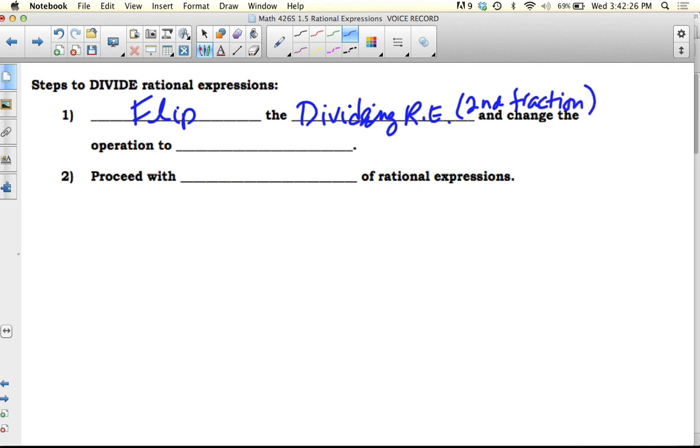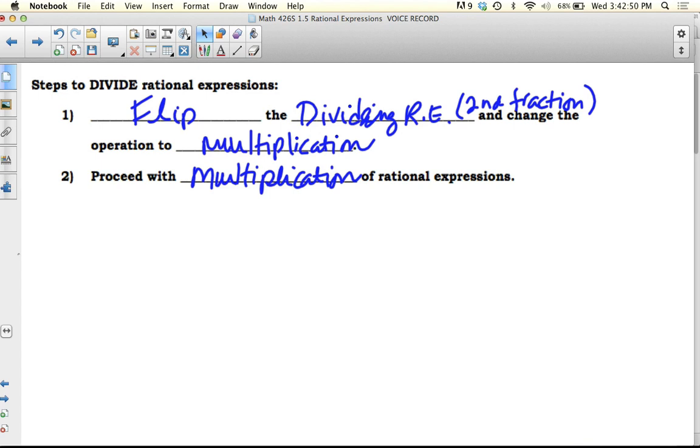And then change the operation to a multiplication. And then you just proceed with multiplication, as was described before the division. So that's for multiplying and dividing. Let's go on now to adding and subtracting.